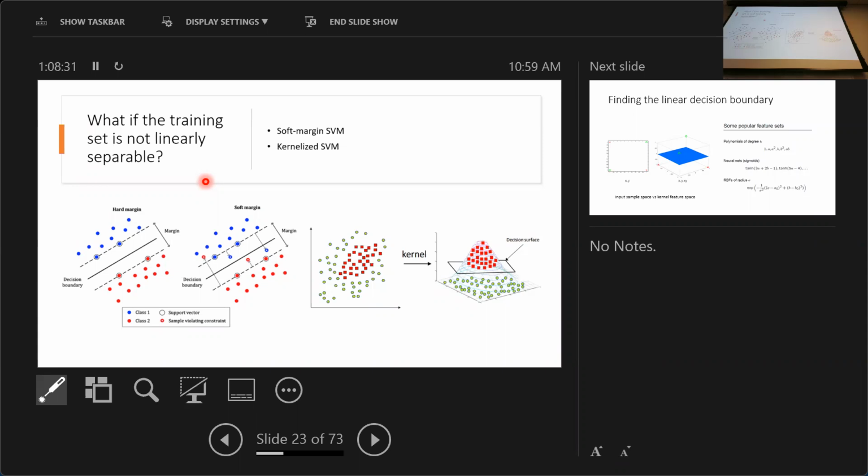If you apply this feature mapping function, or the kernel function, you map your 4 data points from 2D to 3D. In 3D, this becomes (1, 3, 3), this becomes (2, 2, 4), this becomes (4, 0, 0), and this is (0, 0, 0).